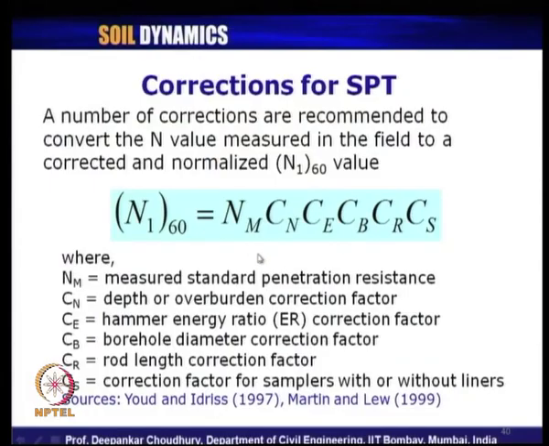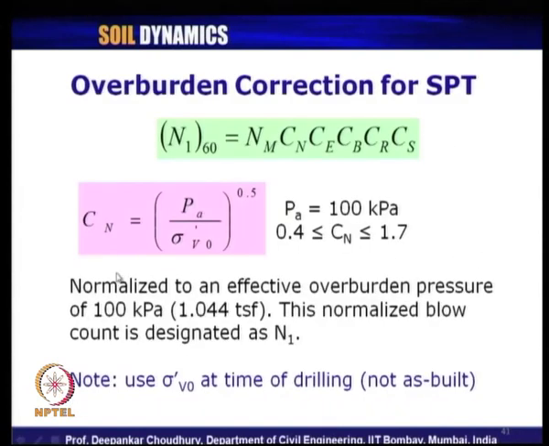Now, is it clear why all these correction factors come into the picture while finding the correct value of N160? So, let us go through each of the correction factors slowly. CN, the first one, is the overburden correction. It is expressed by the expression (Pa divided by sigma V naught dash) to the power 0.5. What is Pa?